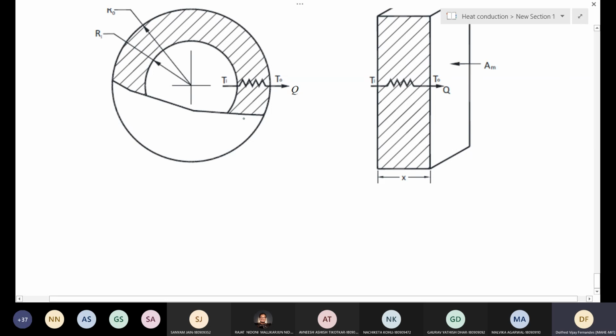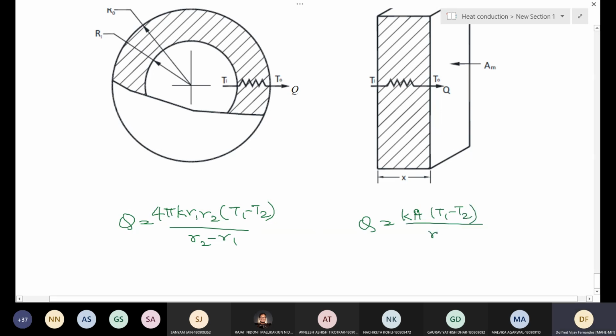If you have any doubts, you can ask me in the next class. Here we have Q equal to 4 pi k R1 R2 into T1 minus T2 divided by R2 minus R1, and for the planar case we have the same k A into T1 minus T2 over X2 minus X1.